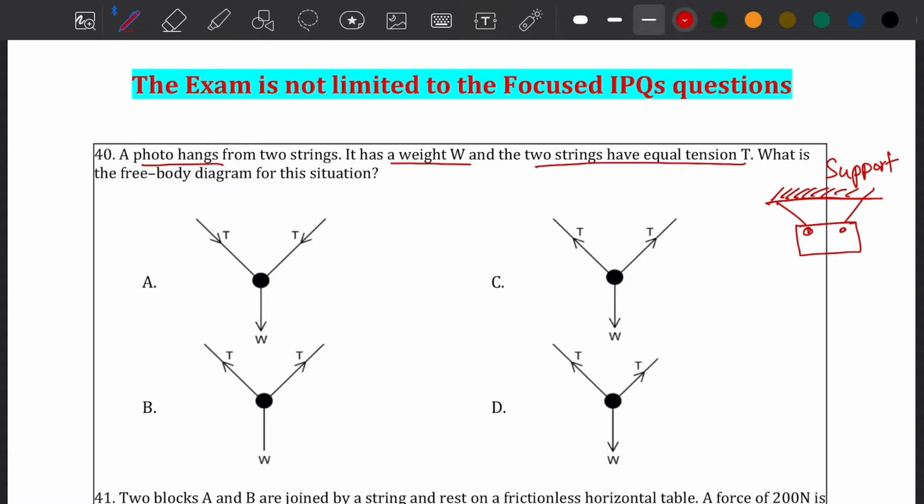Tension force will always act towards the support, and the weight obviously will act downwards. So our answer here will be C. Tension force is up and weight is down. This one doesn't show the arrow for the weight, so that's why we'll not choose this.